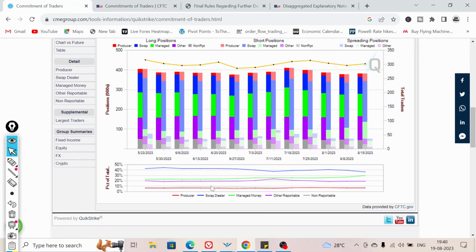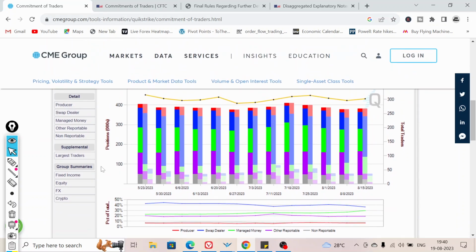So how you can use and how you can read this actually. The most important part is the positions of the clients that you are going to look at. For me, I generally discuss the managed money. Let me give you an overview of the other clients, or you can say the other large traders.